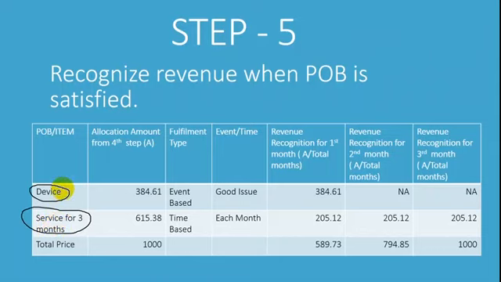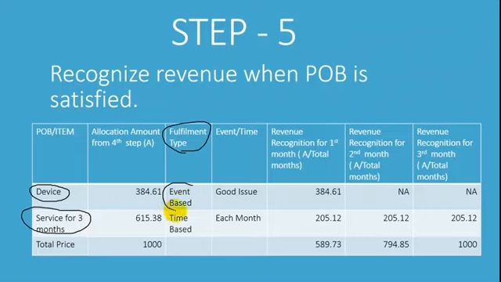Okay. So we are saying that recognize revenue when the POB is satisfied. For that, what IFRS 15 tells, and what happens in SAP, is that you have to define a fulfillment type for each POB. What is this fulfillment type?